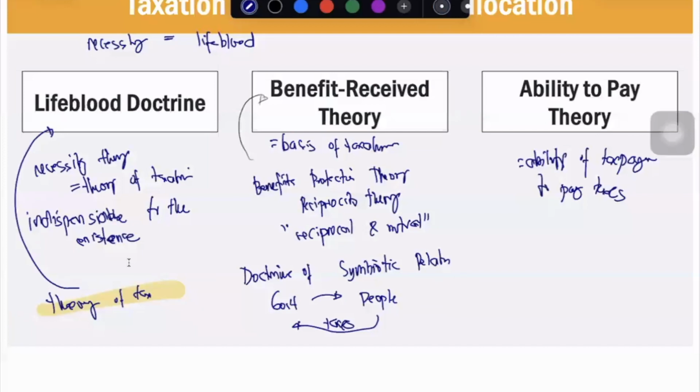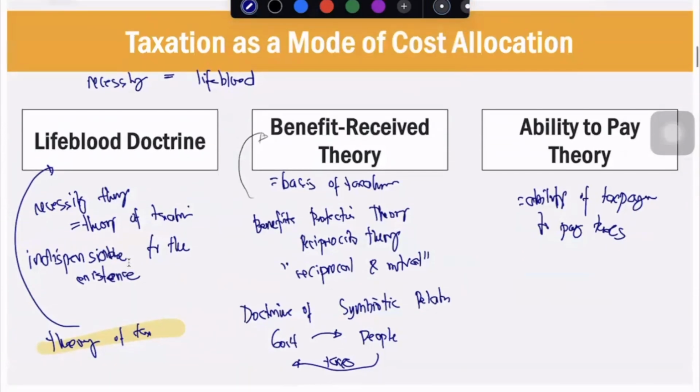It is also based on the ability to pay theory. Why? If we will allocate our taxes, we look into the ability of the taxpayer to pay taxes. And finally, the main consideration in the cost allocation is the lifeblood doctrine. Because again, without the taxes, the government cannot operate.